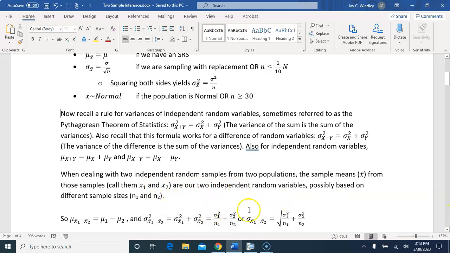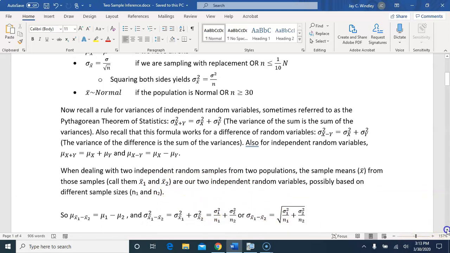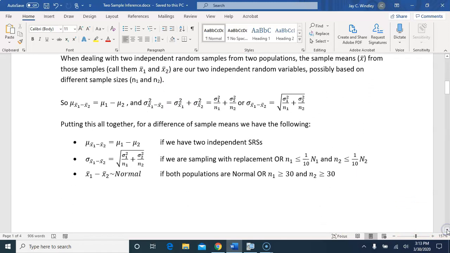And they're possibly based on two different sample sizes, n1 and n2. So the mean of the difference is the difference in the means, and the variance of the difference is the sum of the variances, which would look like this, or if we take the square root of both sides, it would look like this, standard deviation.